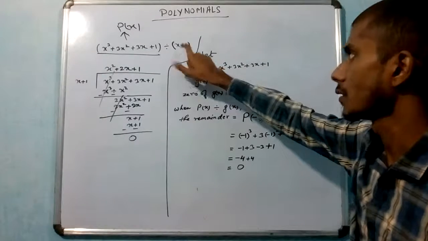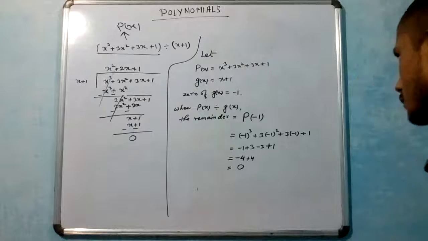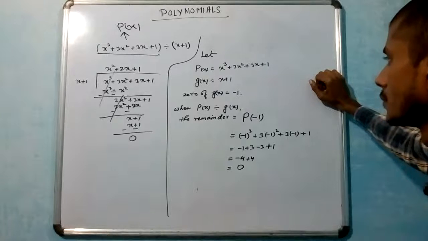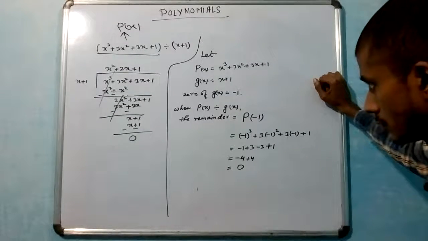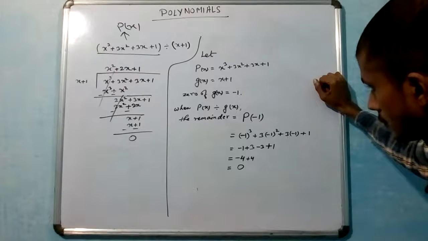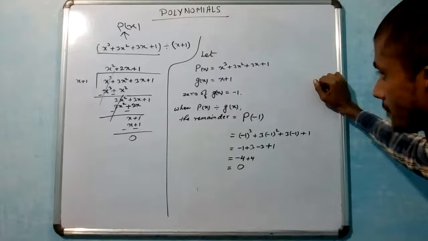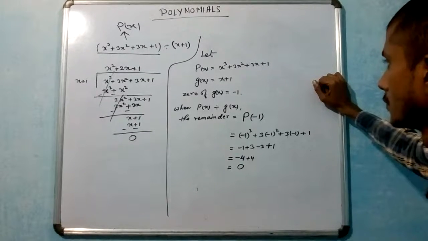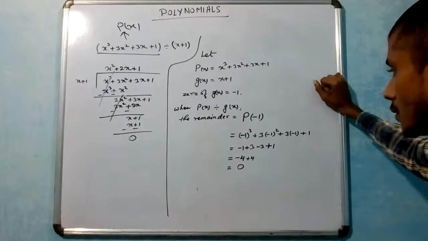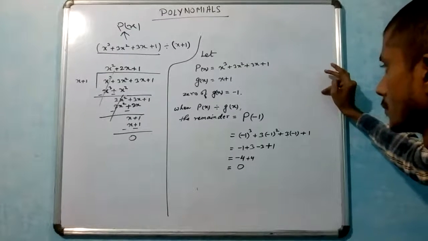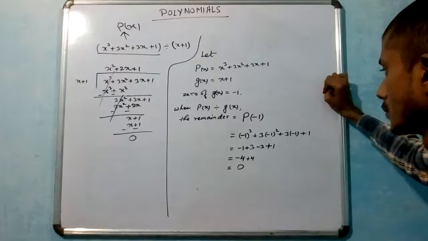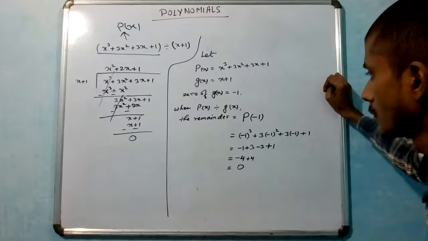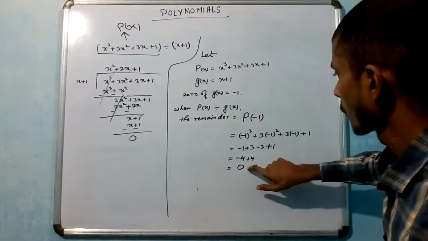What is the next one? Divisor. Okay, so this is the remainder.